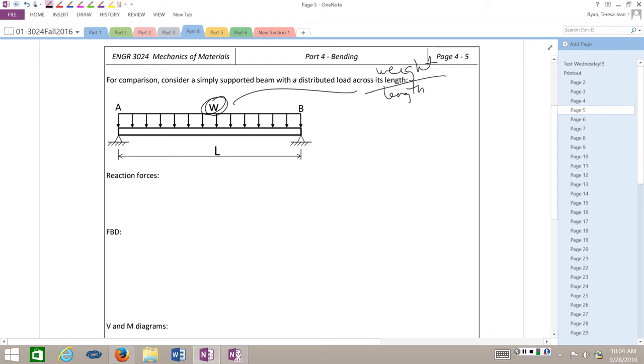So what's our first step? Always, free body diagram. Free body diagram of the whole thing to find the reaction forces. We're going to short circuit that just a little bit because this one is going to be pretty easy. It's symmetric, so we know that this reaction has to equal that reaction. And how big does it have to be? Use the fact that we know that this distributed load is W. How big is the overall load?